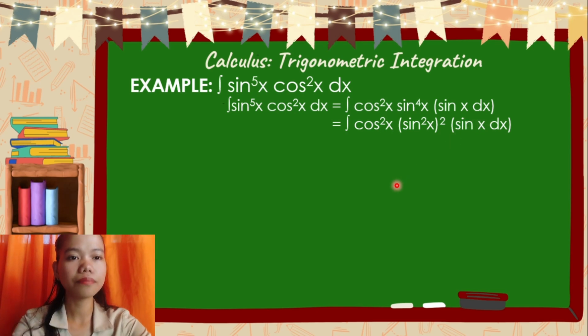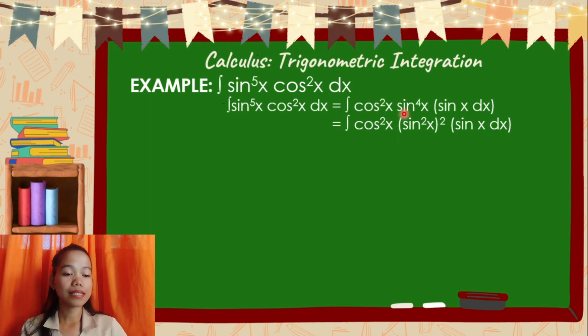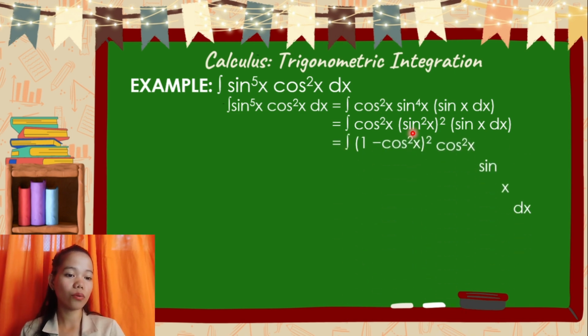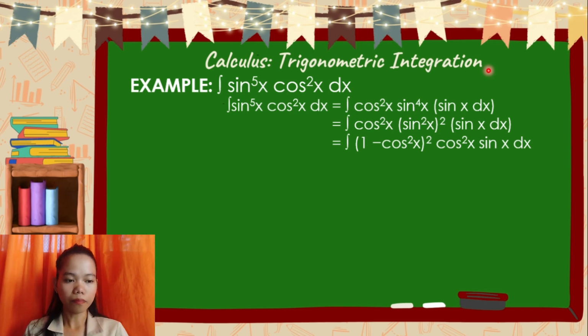Since the sine squared of x has a trigonometric Pythagorean identity, which is 1 minus cos squared of x, we have now the integral of the quantity of 1 minus cos squared of x raised to the power of 2 multiplied to cosine squared of x multiplied to sine x dx.